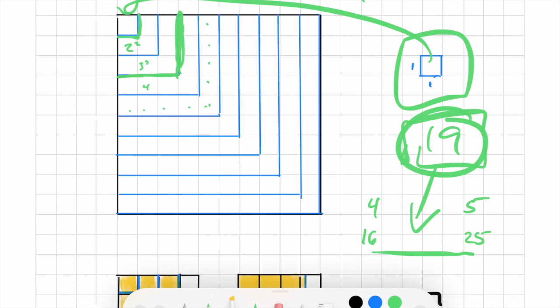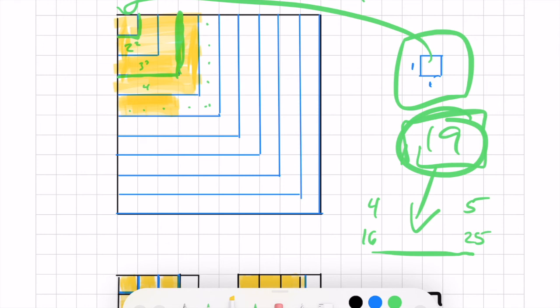So it's going to include all of the squares up until this point, right? Because that's 16, 17, 18, 19, right? Now, that does not make a square, does it?